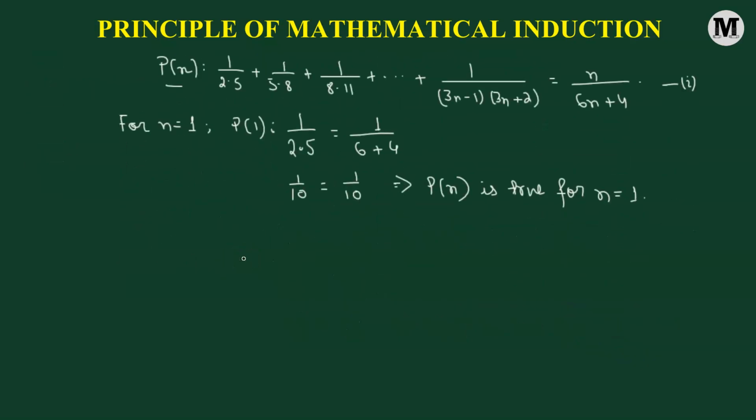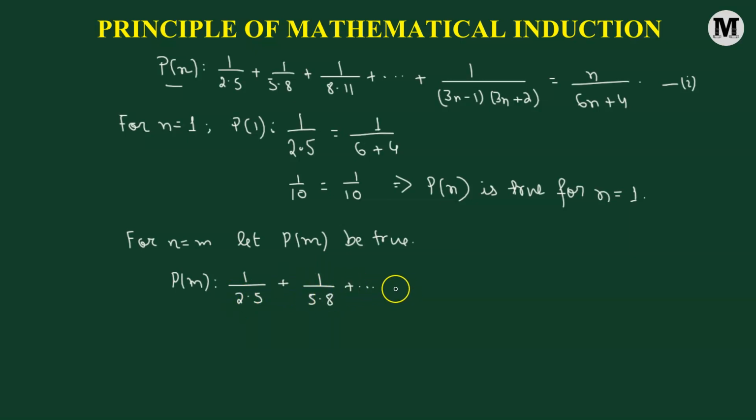Now what we'll do next, we're going to consider another natural number. For n equals m, we are going to assume beforehand that P of m is true. What does it mean when we say that P of m is true? It simply means that for P of m, we take the first term 1 over 2 multiplied by 5, added to the second term, which is 1 over 5 multiplied by 8.